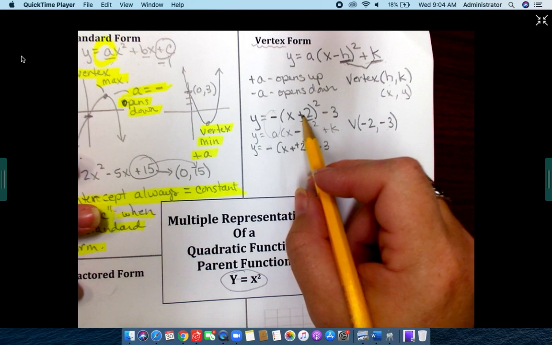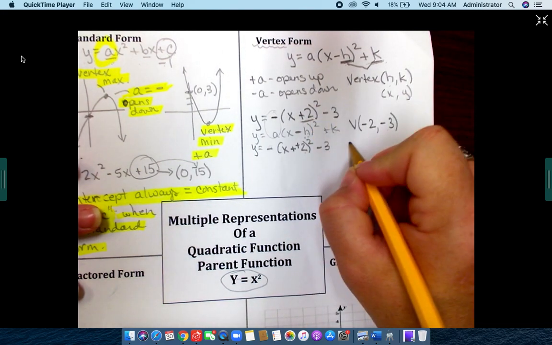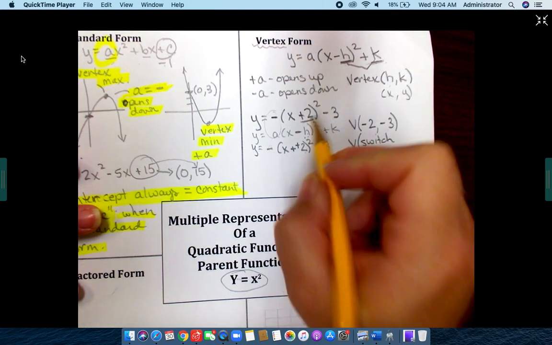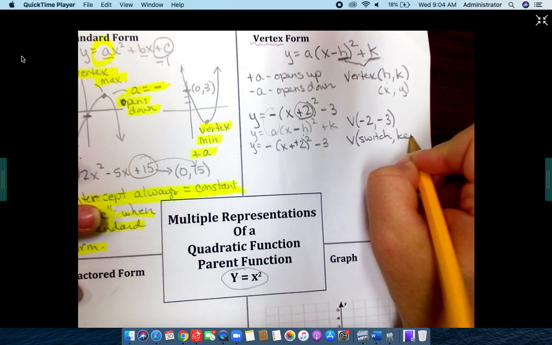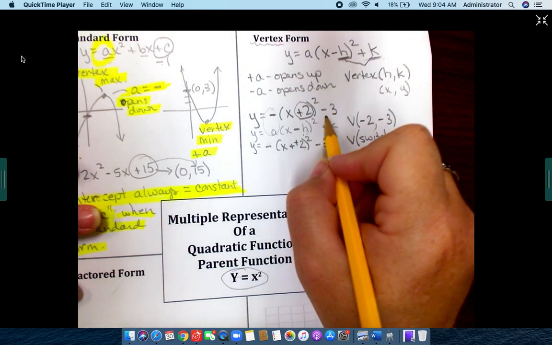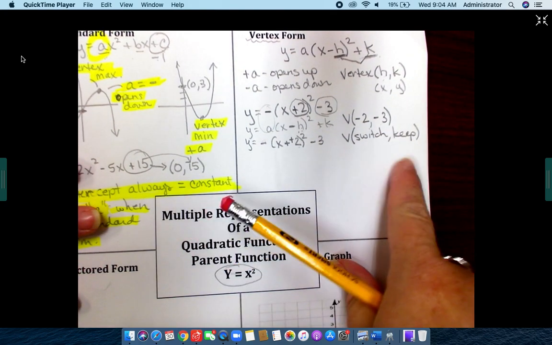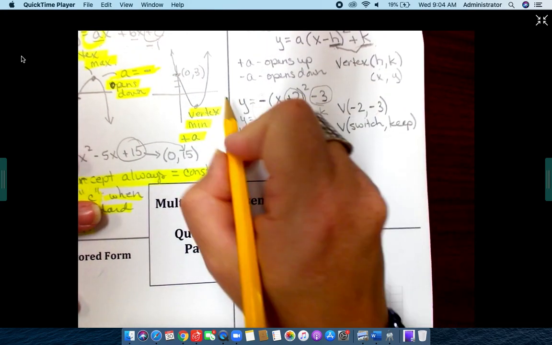So that's where we get x plus 2. So what does that mean you need to do? Simply remember that to find the vertex, we need to switch the sign of what we see here but keep the sign of our k value. Okay, so we're going to switch, keep. I'm going to say that over and over as we practice. Switch, keep. So that's one example.